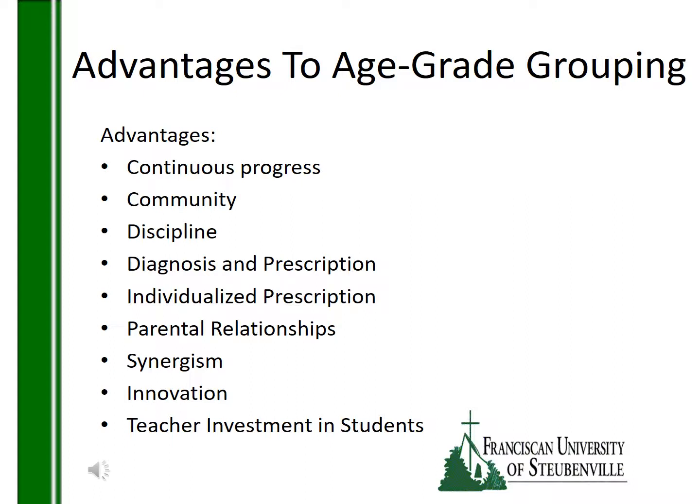When you group students and you don't fully departmentalize and have them just always changing classes and being with a different group of students, but instead having at least periods where they're working with a team or they're working for a portion of the day with one teacher in a group, it has several different advantages. Continuous progress is one of them.